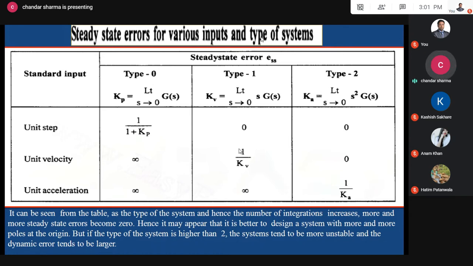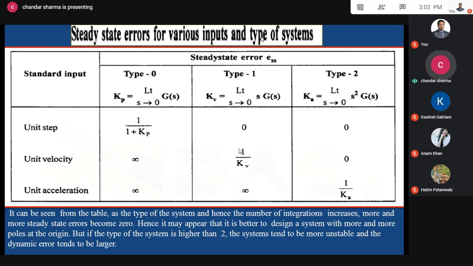As you can see, as the type of the system becomes higher, more steady state error is eliminated. For a given input, the steady state error goes on reducing as the type of the system increases. But though the increase in type of system reduces the steady state error, what will happen? It increases the order of the system.